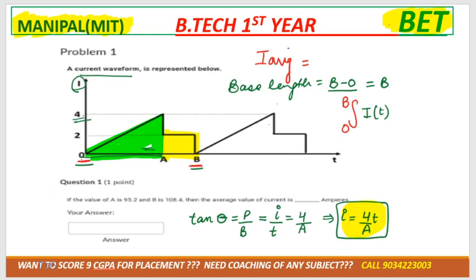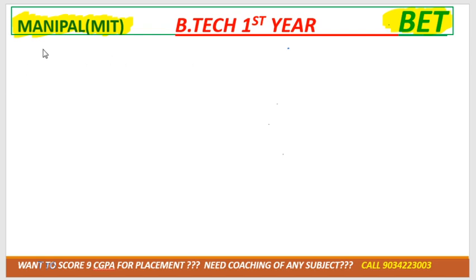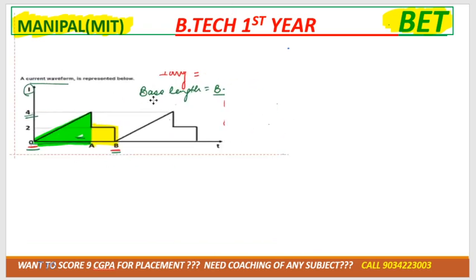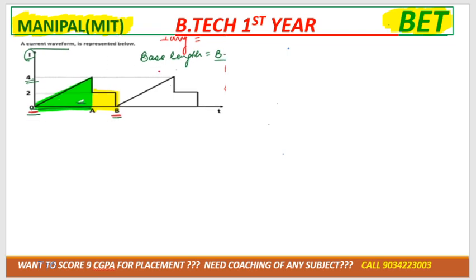First of all, tell me, any doubt up to here? Because I want you to understand. This kind of problem will definitely come in your exam, in the midterm or maybe in the end term. Okay, so I'm redrawing it and telling you from the very basics. Suppose we need to calculate I average, and the I average formula is the integral from limit alpha 1 to alpha 2 of I dt over base length.